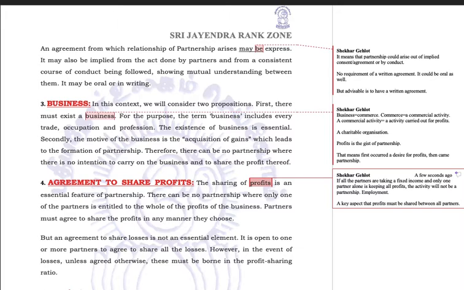Now, what is the ratio of sharing profits? There may be five partners. One is taking 99.2% share in profit.